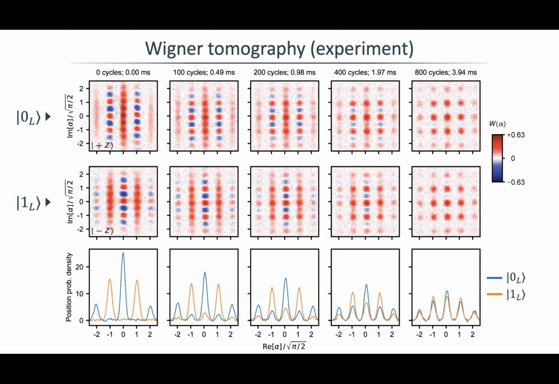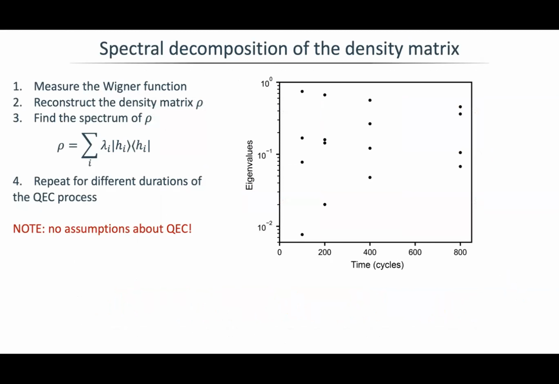Now what we can do with this data is look at each Wigner function, reconstruct the density matrix, and then look at its spectrum. The spectrum of the density matrix tells us which pure states are mixed inside this density matrix, and with what probabilities. We can look at these eigenvalues as a function of time. If we had a pure state, there would be only one eigenvalue equal to 1, so that would be one point on the top.